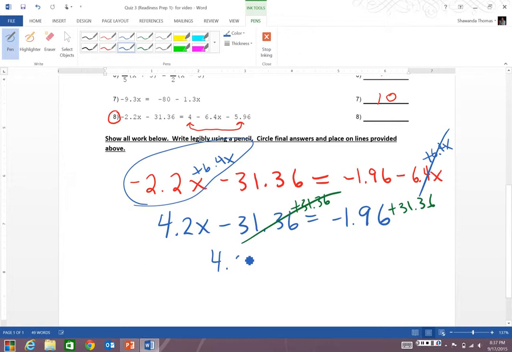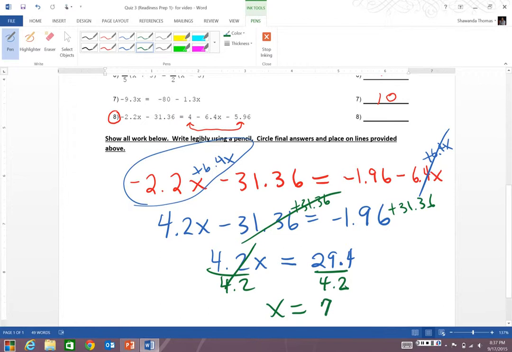And what you'll find is you'll get 29.4. When you divide by 4.2, x equals 7.